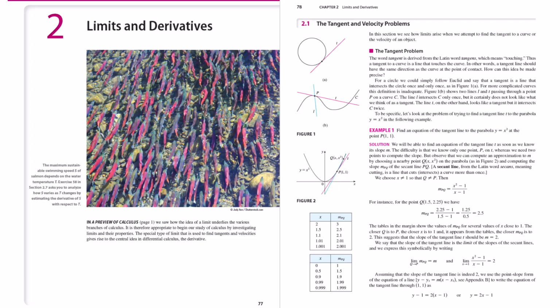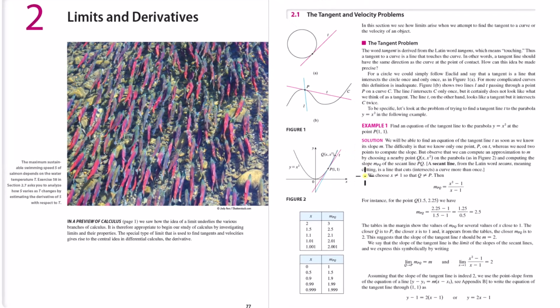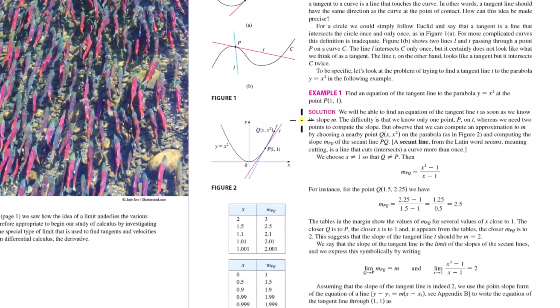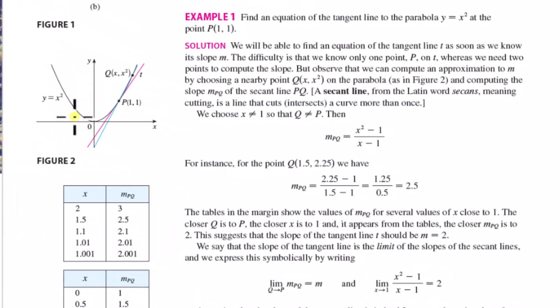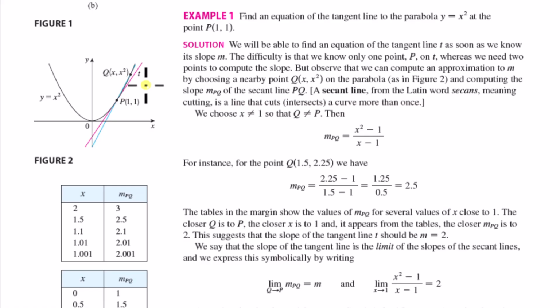Okay, so we were thinking about how we could determine the slope of a tangent line at a point on a curve. So we're given a curve, like in this example 1, the curve y equals x squared, okay? And then we're also given a point on that curve.